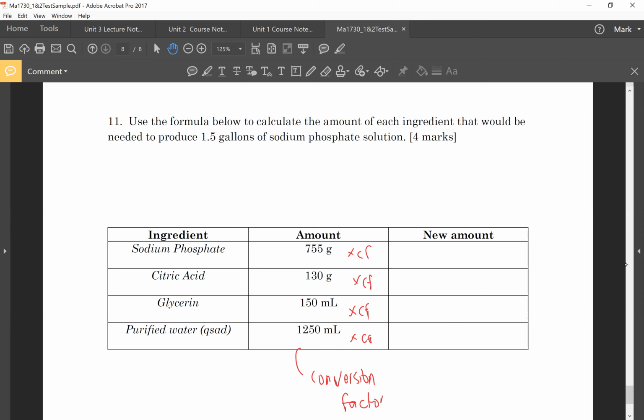One thing we need to keep in mind is how we calculate our conversion factor. So first thing I'm going to do is convert my gallons into milliliters. Now, why am I doing that?